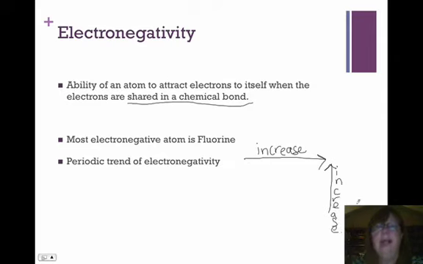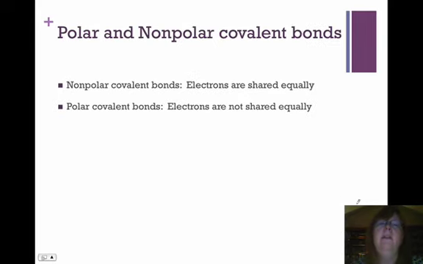All right, now let's go ahead and learn about polar and non-polar covalent bonds. Not all electrons are shared equally because of that electronegativity. If the electrons are shared equally, that's called a non-polar covalent bond. There's no separation of charge.